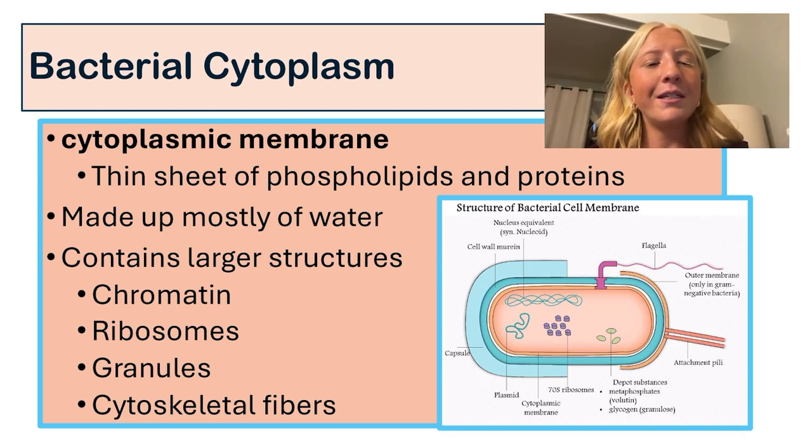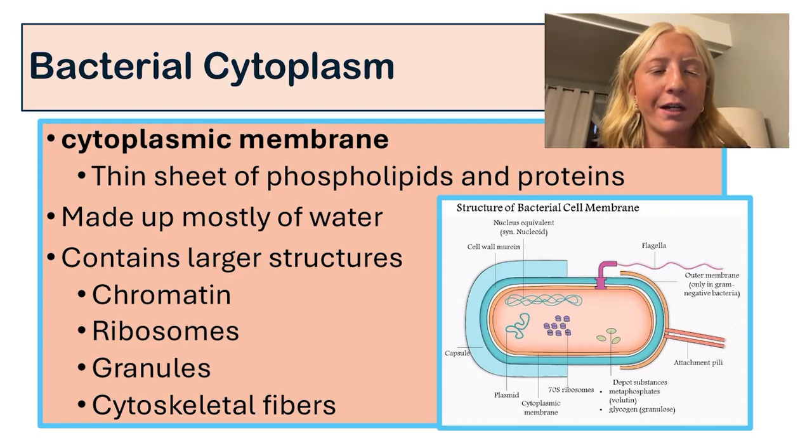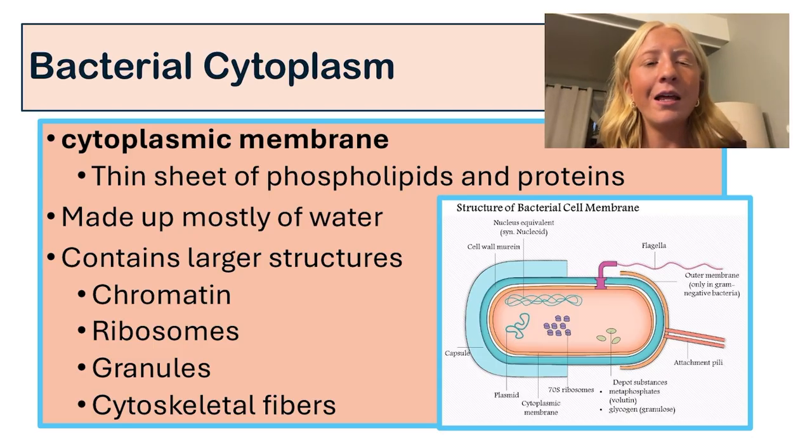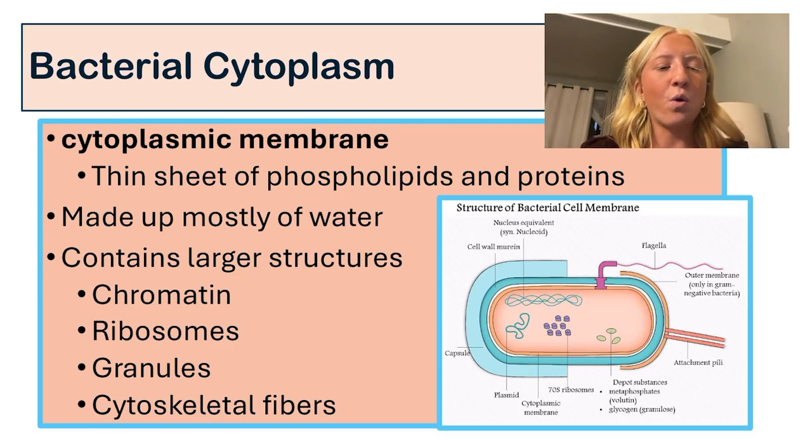This is made up of mostly water. It is the main component. It takes up about 70% of the cytoplasm, and it acts as a solvent. It helps dissolve nutrients, like amino acids or sugars or salts. And then within the cytoplasm, you'll find structures like chromatin, granules, cytoskeletal fibers, or ribosomes.